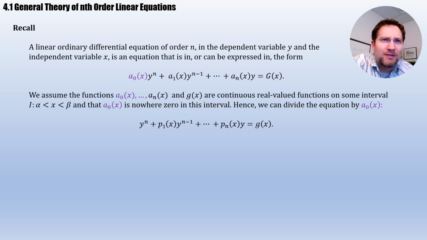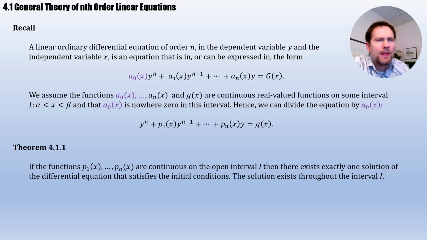And also notice that we've done a very subtle change. Capital G of x is not quite the same as little g of x. It's been divided by that a0 of x term as well. And so we have this exact same existence theorem that we had in the previous chapters. It's just the higher order analog.